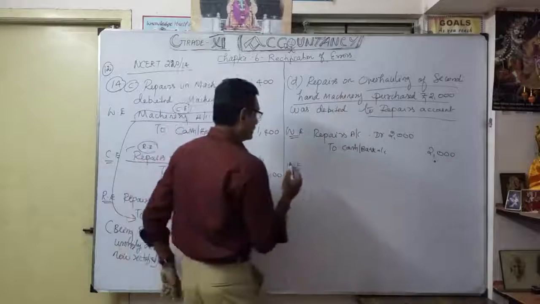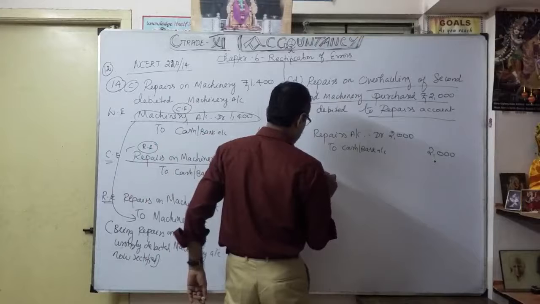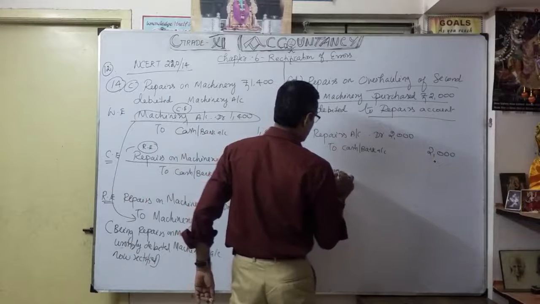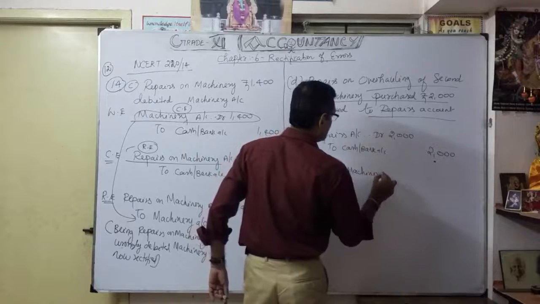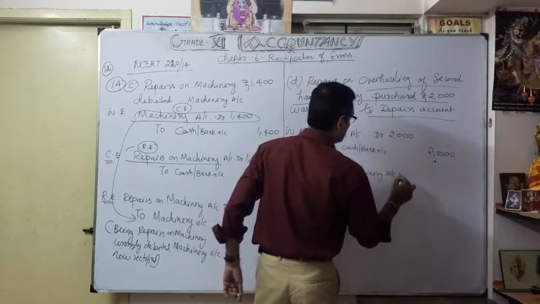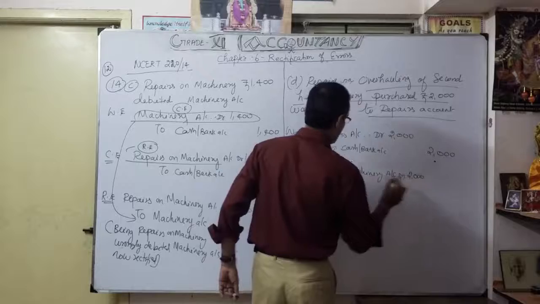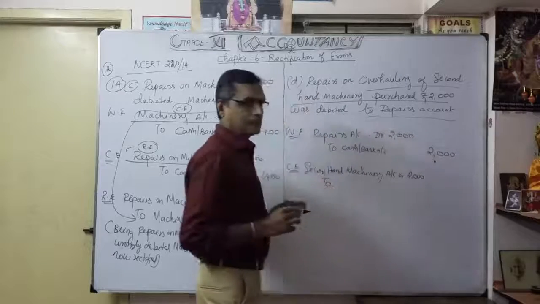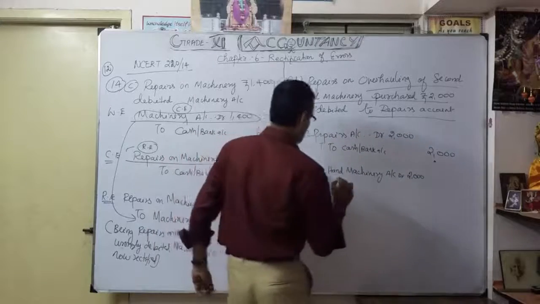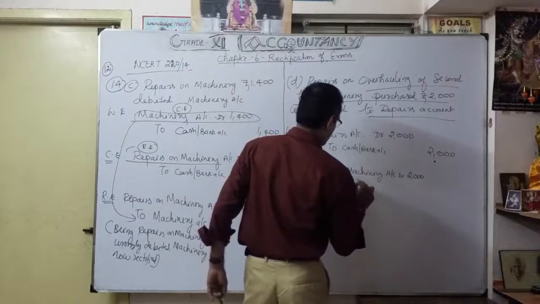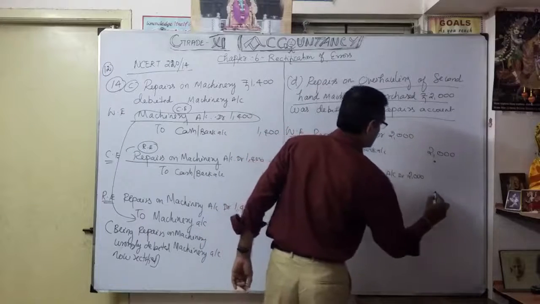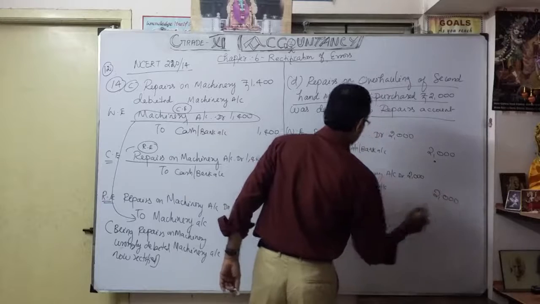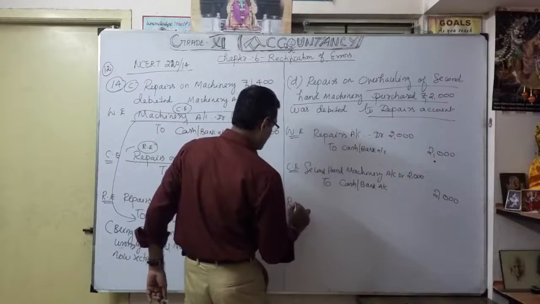Second hand machinery only. So you can write like this: second hand machinery or only machinery, account debit 2000. We are going to debit second hand machinery only, not repairs account, to cash or bank account. How much? 2000. Okay.